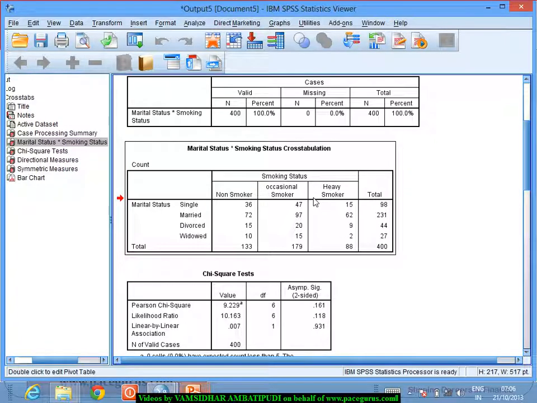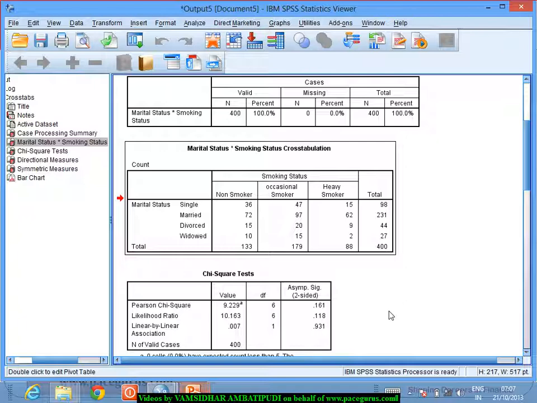The cross tabulation, where it is showing the frequency of each of the statuses across the various marital statuses. Now you see single 36, 47, 15. Married 72, 97, 62. Divorced 15, 20 and 9, 10, 15 and 2. These are some of the things we have seen as part of the various marital statuses and the smoking status.